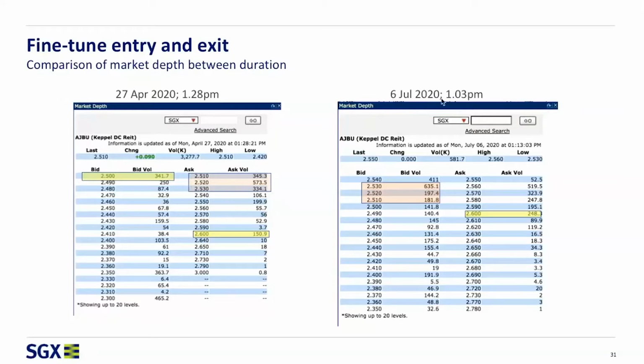But on the 6th of July, that volume happened to be on the bid side, meaning that people at that point of time were looking to buy at the 252 region. It means that the hand sort of shifted. The block of sellers in July versus April has shifted to become buyers.